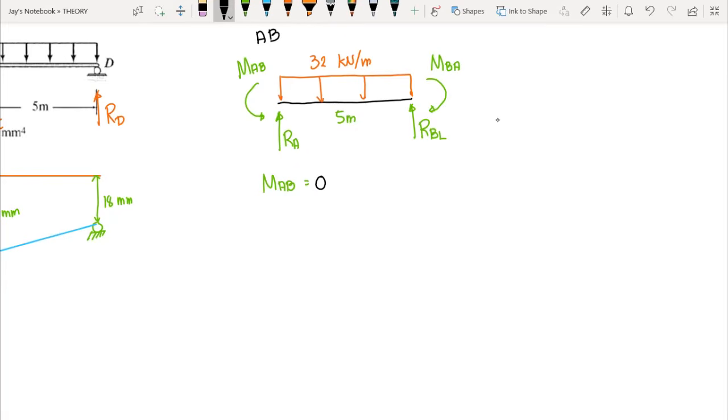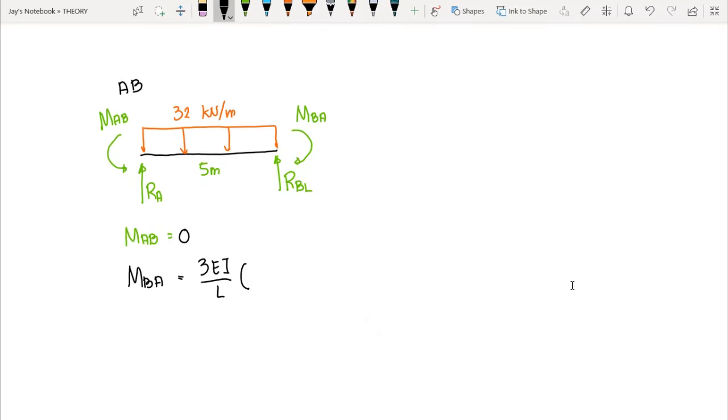So in that case, since our MAB is equal to 0, we can say that our MBA can be computed using the modified slope deflection equation, in which we have 3EI over L times theta B minus the chord rotation, plus the fixed end moment of BA minus the fixed end moment of AB over 2.